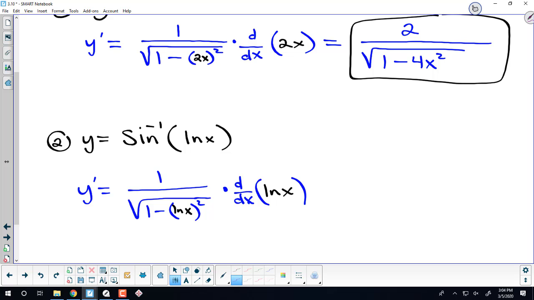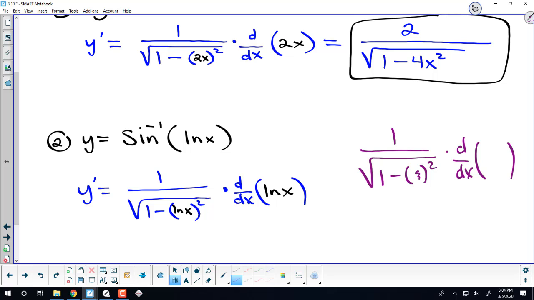So that's the way you can think of the inverse sine of anything. Its derivative will always be this right here. That's always what it is. And this, of course, is the argument of your inverse sine, whatever that happens to be.